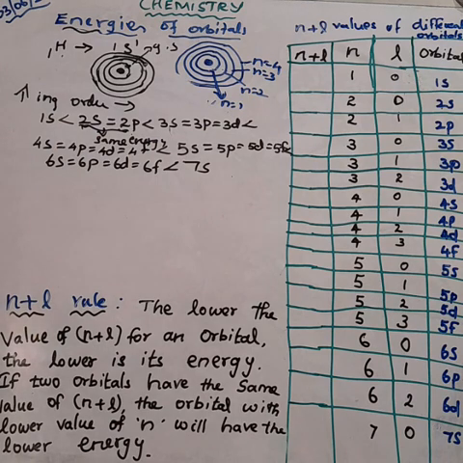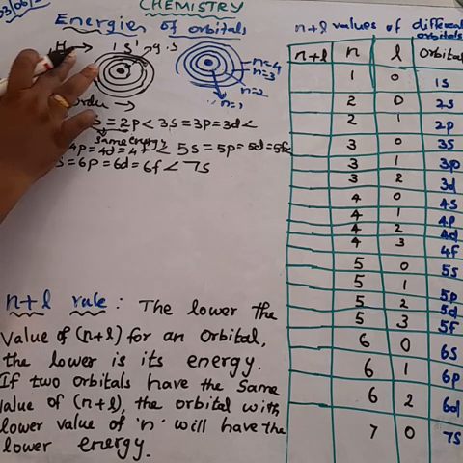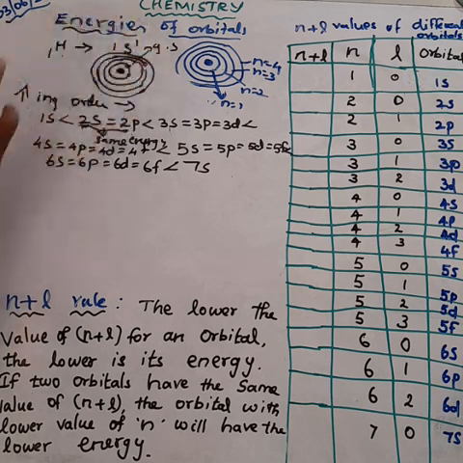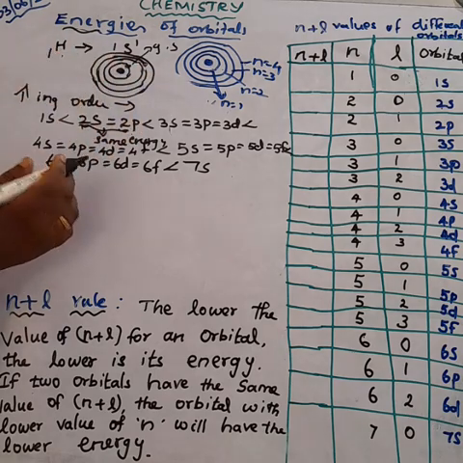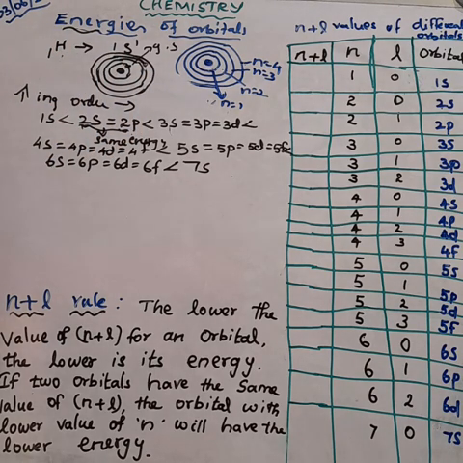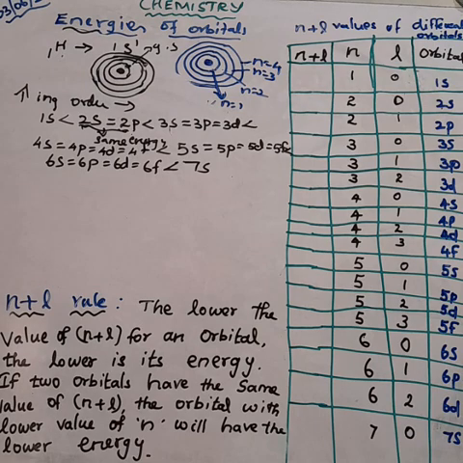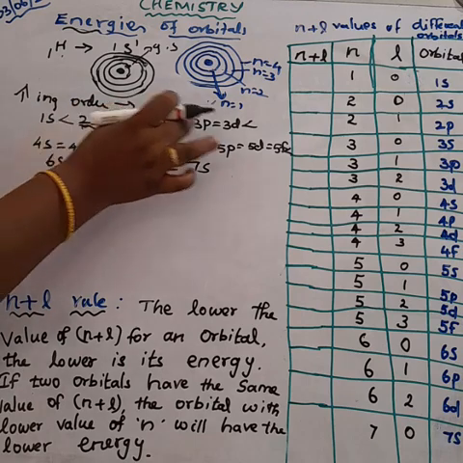Okay, students, understood? For hydrogen-like atoms, that is, atoms with only one electron, the electron in the ground state has very low energy. If it gains some energy, it may go to the second or third orbit, which has higher energy than the first orbit. While it stays in the same orbit, it has the same energy.